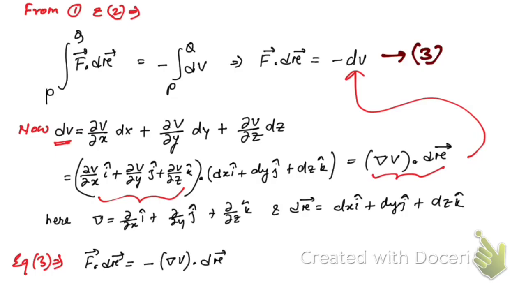Okay, so this implies F dot dr plus grad V dot dr is equal to 0, and let me copy this last step and let me go to a new slide.